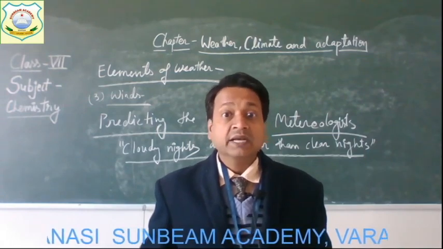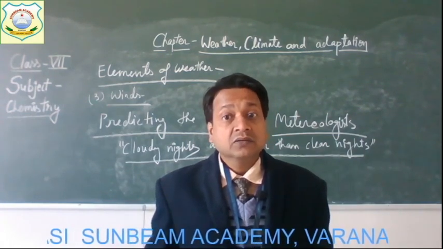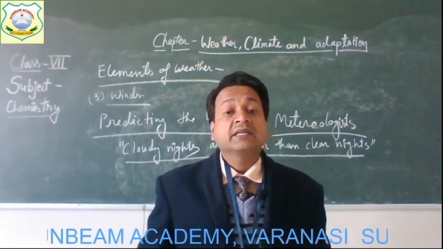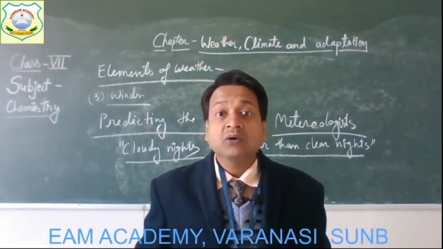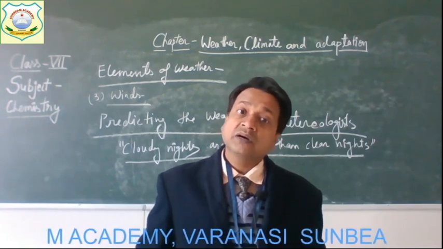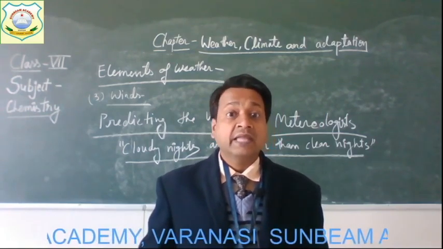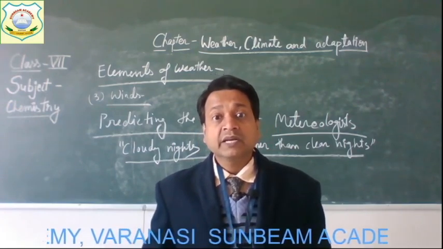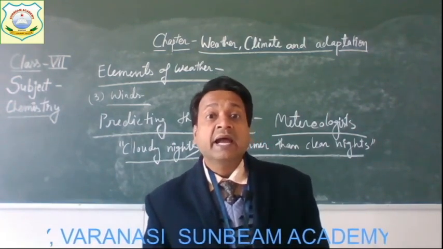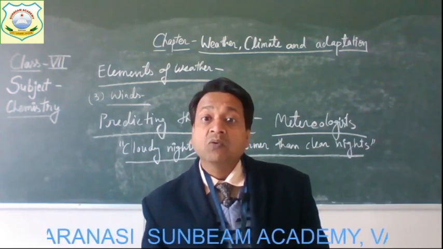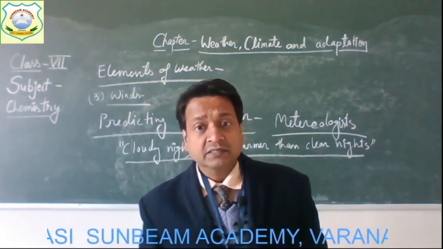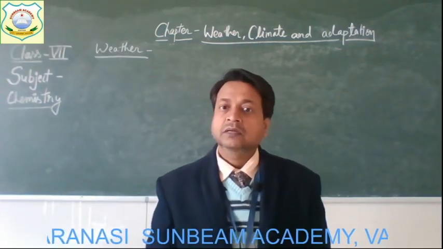So the clear nights are cold, and when there is cloud at night, they do not allow the heat radiating from the earth to escape, and that is why the earth remains warm. Get it? So this is the reason that cloudy nights are warmer than clear nights.